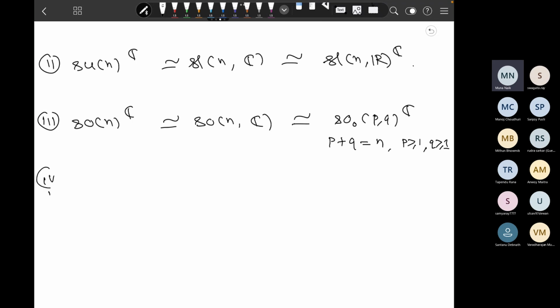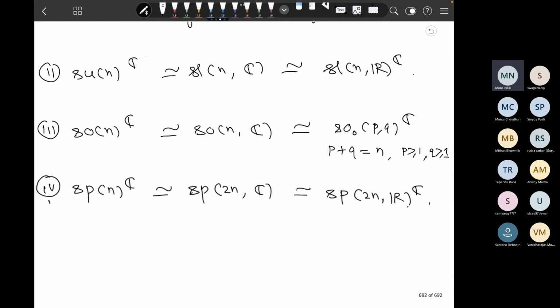Fourth thing is your Sp(N)^C is equal to Sp(2N,C) and Sp(2N,R)^C. Now this thing, actually we have proved that SO(N) and Sp(N) are really semi-simple.